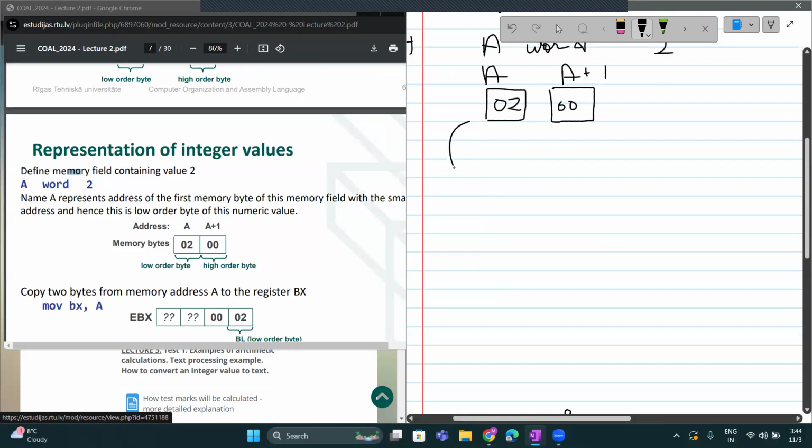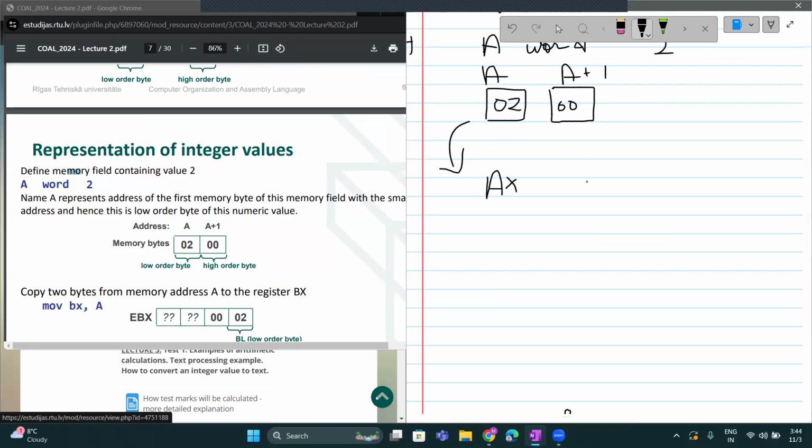And if we copy this into a register AX, just AX, then it will be 00 and 02.